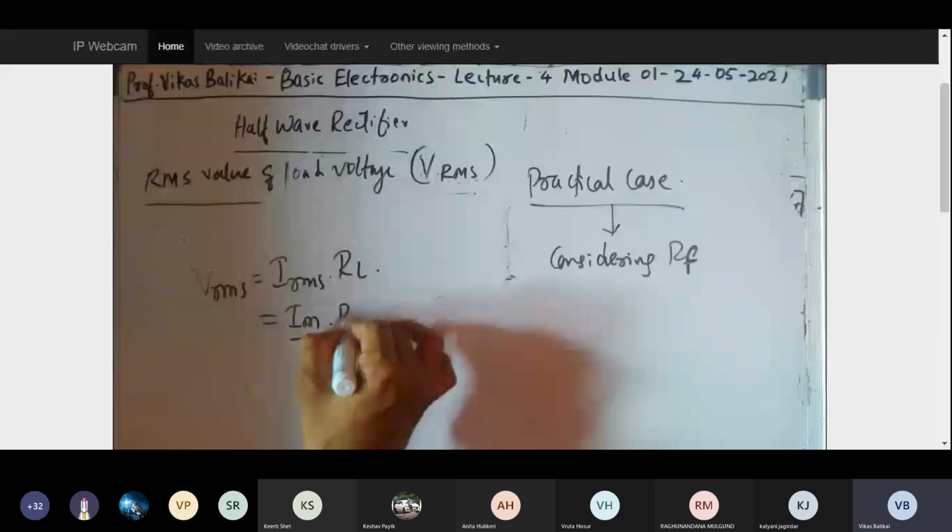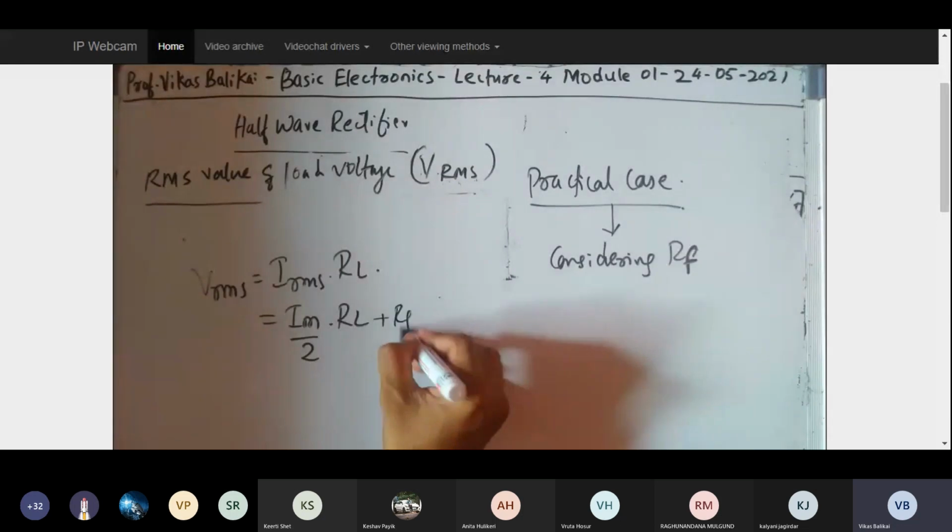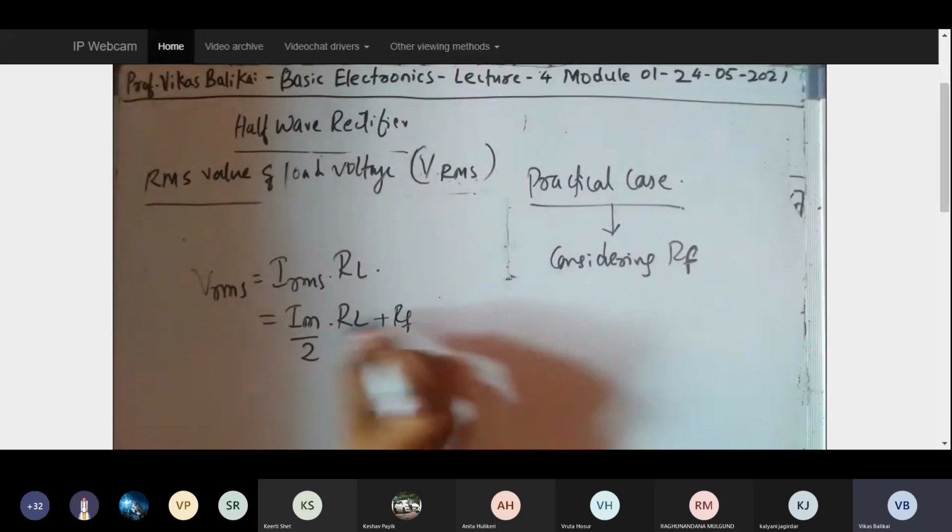When I calculated the average load voltage, VDC, what did I do? It should not be only RL, RF also gets added along with RL. But that doesn't mean you just add RF over here. You can't just add RF like that.